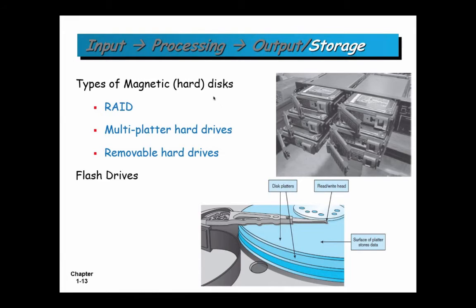Multi-platter hard drives, as we've talked about, physical motion is kind of the worst thing. What happens with a hard drive is a head reader is pointing to a place on the hard drive to grab the data.